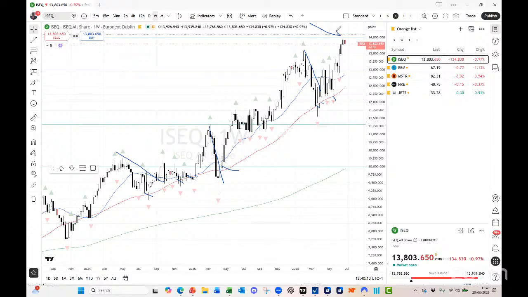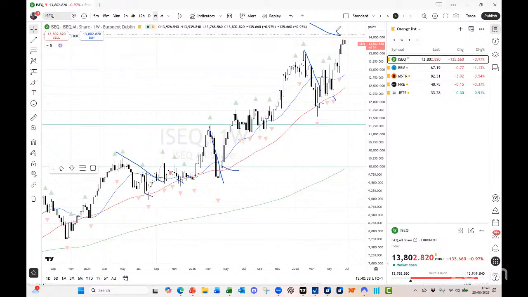So we have to remember Irish equities are very much tied to the overall broader European risk tone, and so it has an impact. It's impacted by elements like the euro, European bond yields, banks, property, global risk appetite. I would treat ISEQ as a bit of a European risk barometer.